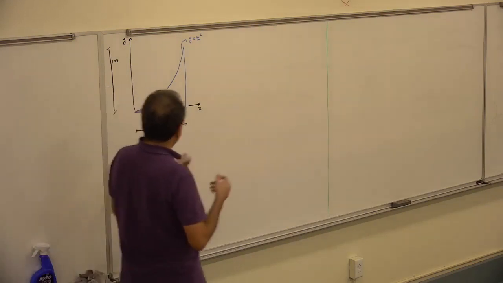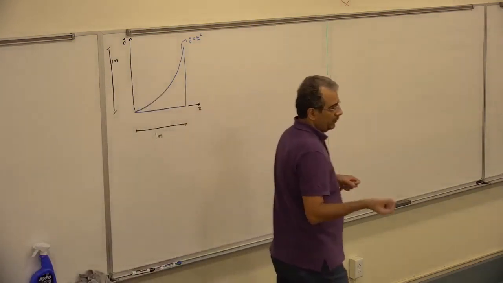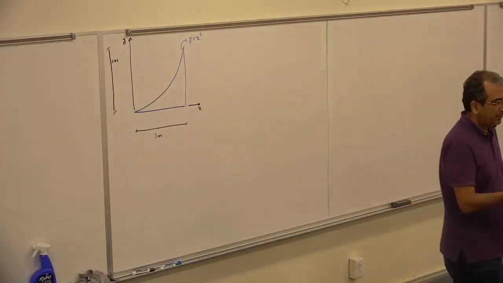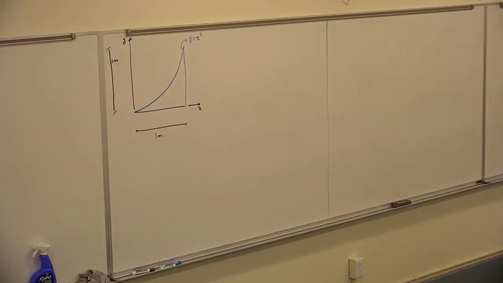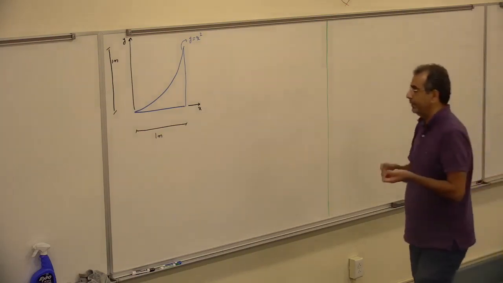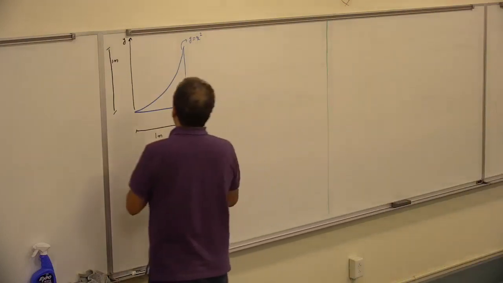Again, I have this shape and I want to find the centroid. The first step is to find the element for that. The element can be either parallel to the x or parallel to the y, and you can see the difference here.